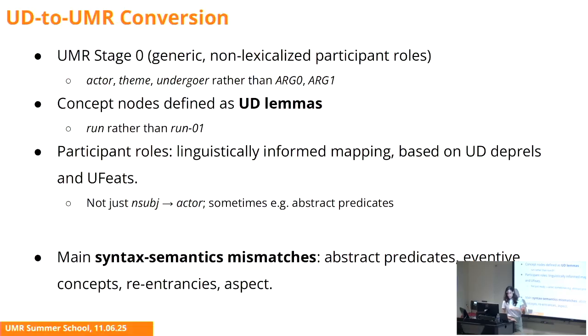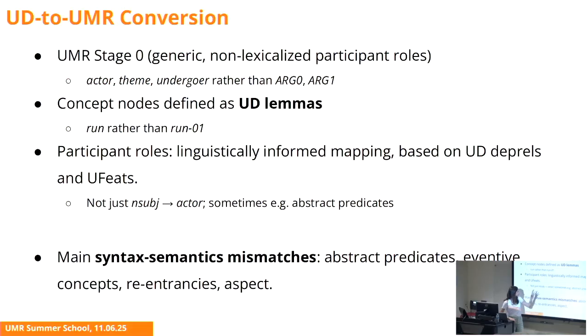In simpler words, stage 0 means that we are using participant roles like actor, theme, and undergoer, rather than lexicalized participant roles like arg0, arg1, and so on. For this same reason, we cannot disambiguate concepts, so we just have to rely on UD lemmas. So, for example, we cannot have run-01, which would be a sense disambiguated concept. We just have run.